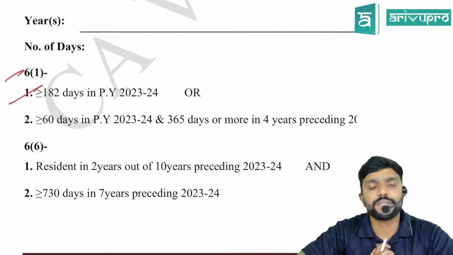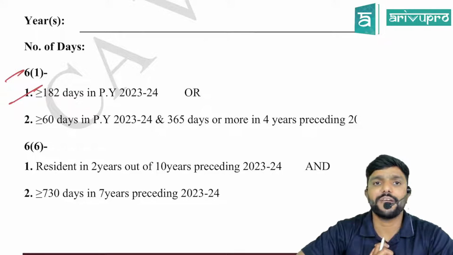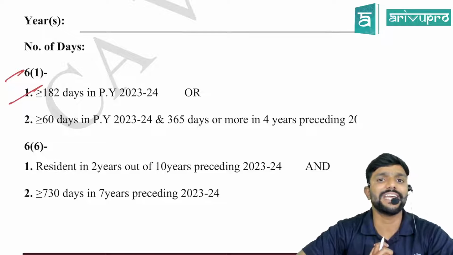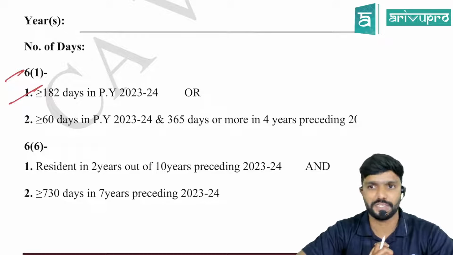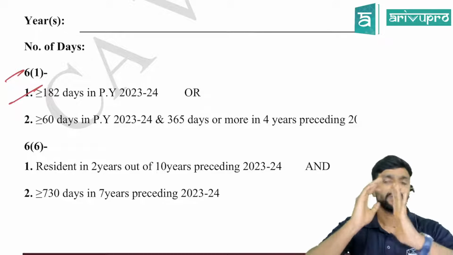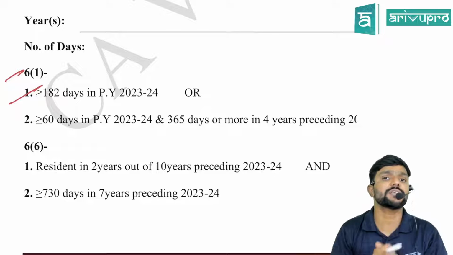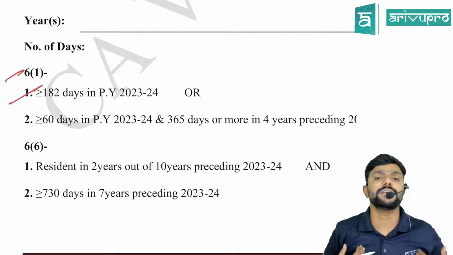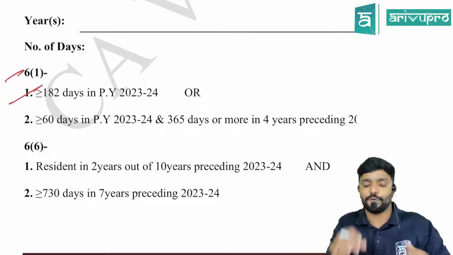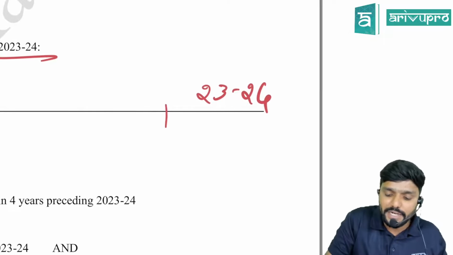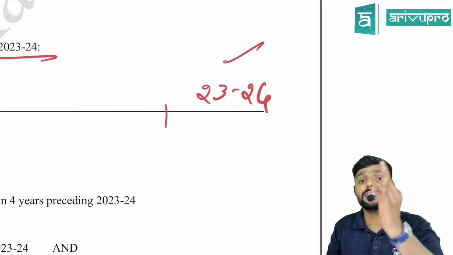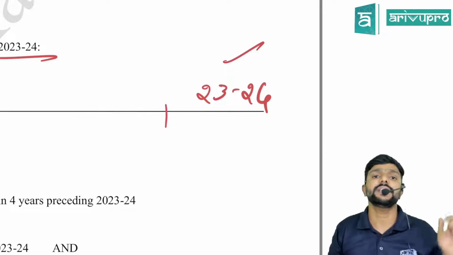Section 6 subsection 1 talks about the residential status of an individual, which depends on how many days that individual stayed in India during the previous year. Now we have to check the residential status of the individual during our previous year, 23-24. So we are checking in that year how many days he or she stayed in India.